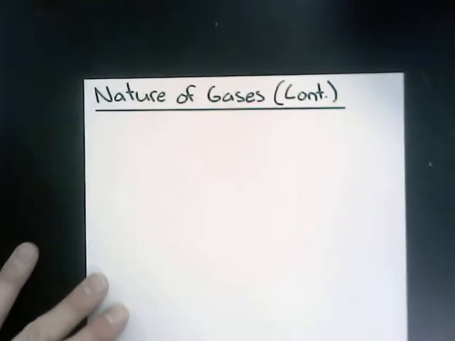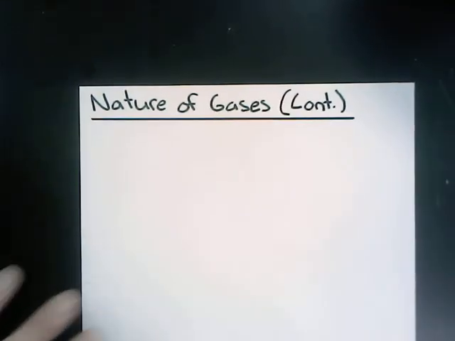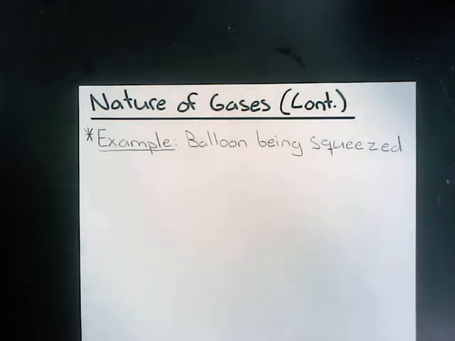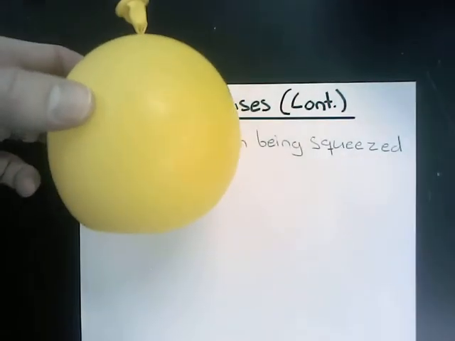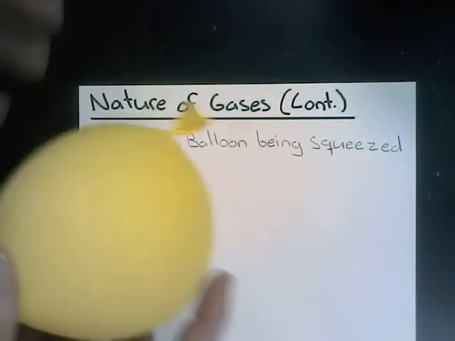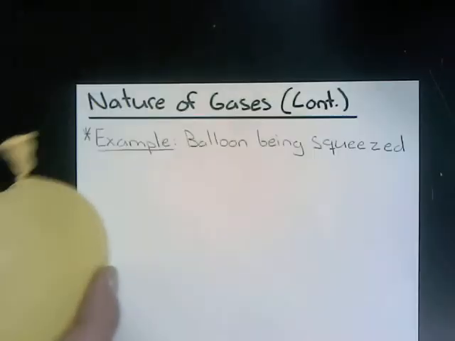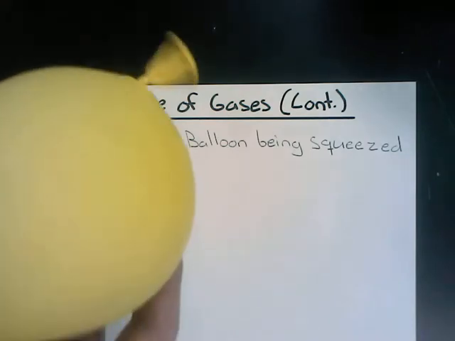So our example here is going to be a balloon being squeezed. Now, the best way to see this is through an actual example. So what I have here is a balloon. I've blown it up, and I don't have any more air that I can add into it because I have it tied off.